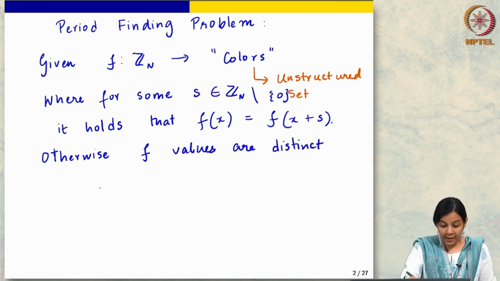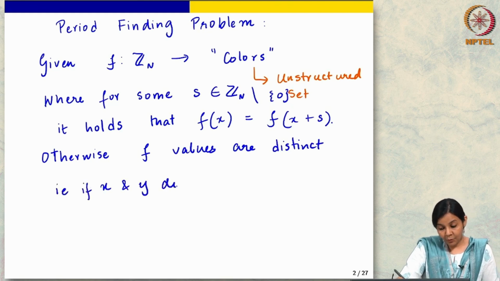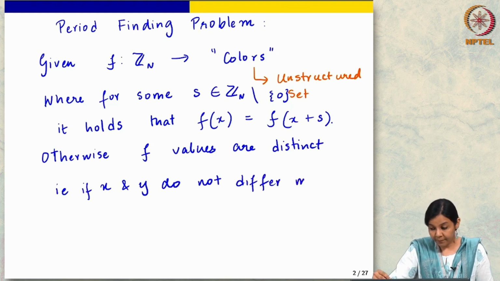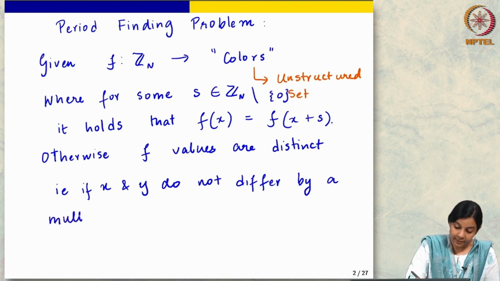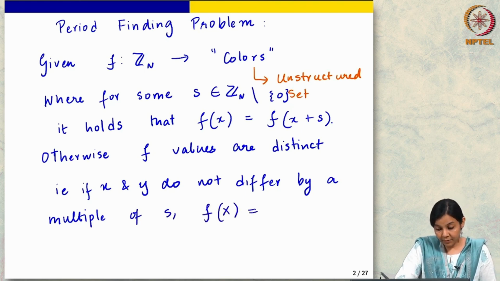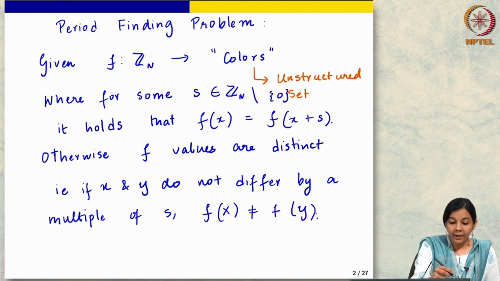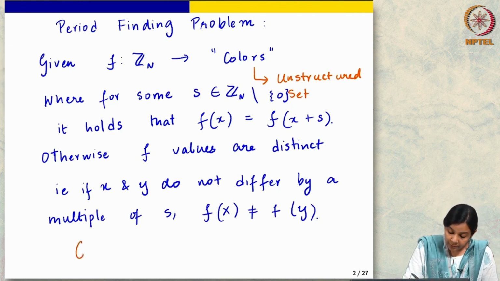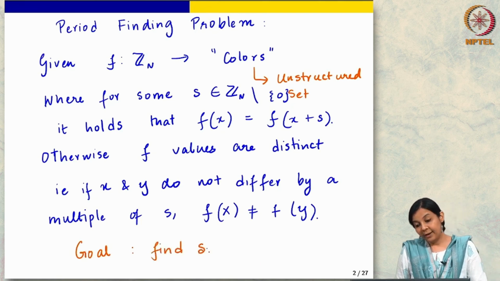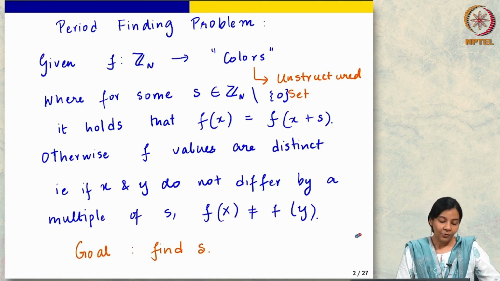Basically, if x and y do not differ by a multiple of s, then f(x) is not equal to f(y). The goal, as before, is to find s. So, this is the question.